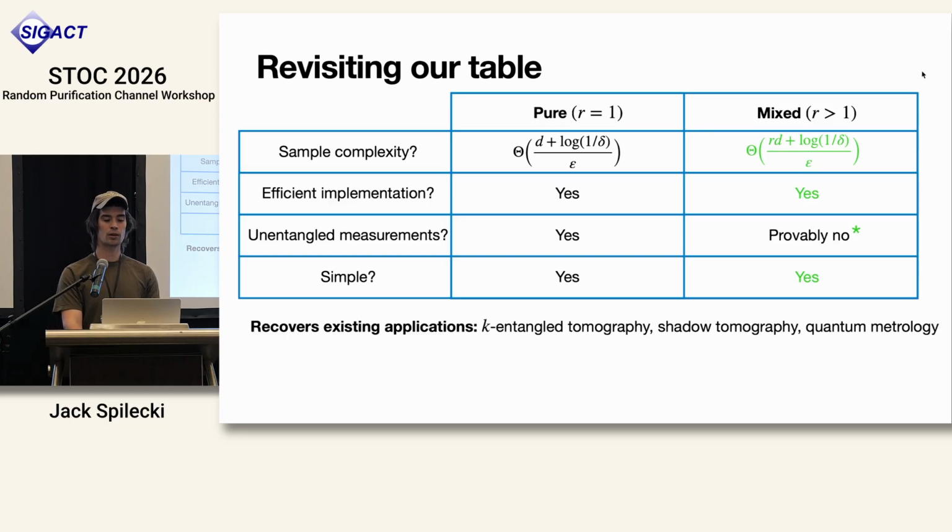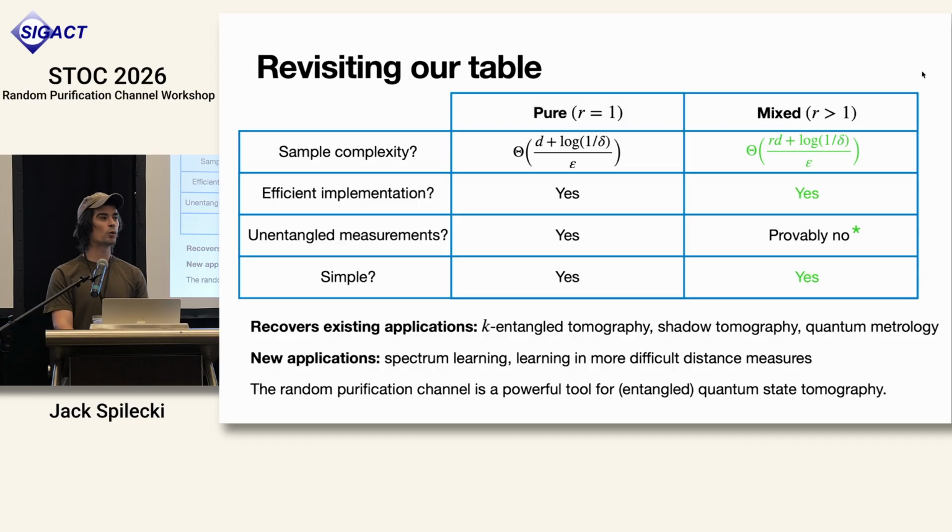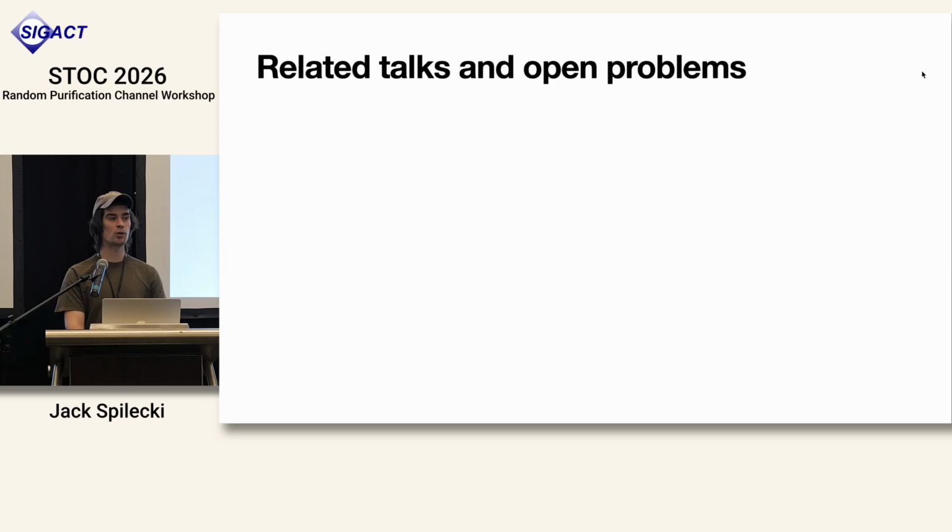And we're also able to recover the existing applications of our previous estimators, and we can go beyond and get new applications, helped by the simplicity of our estimators, which helps us to analyze further. Okay, so hopefully I've convinced you that the random purification channel is a powerful tool for mixed state tomography. Let me conclude by mentioning some related talks this week and a couple open problems, which I think are cool.